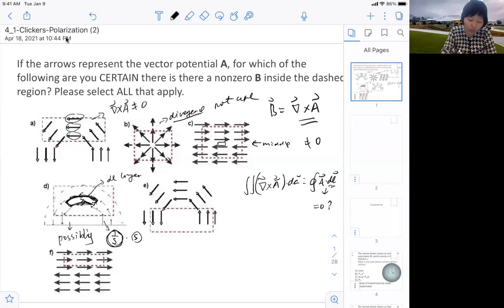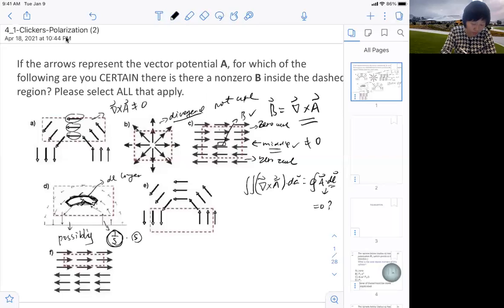Whereas if you move to the upper side or the lower side here, you're going to have 0 curl, so the paddle wheel will not rotate. Here you also have 0 curl. So non-zero curl only occurs in the middle. So it looks like there will be a non-zero B field, but only in the middle. So within this dash line, you know for sure you have a non-zero B.